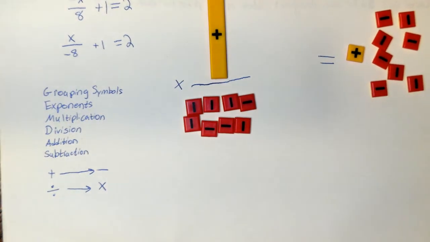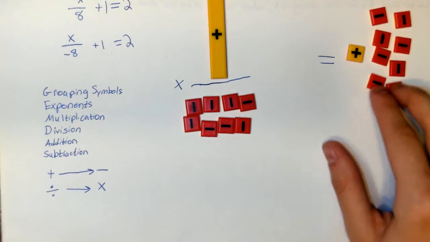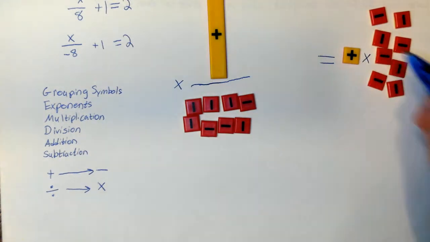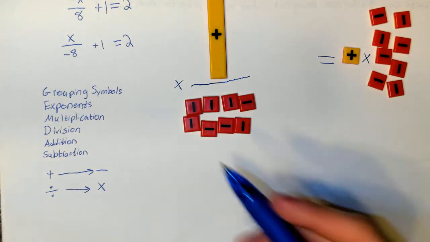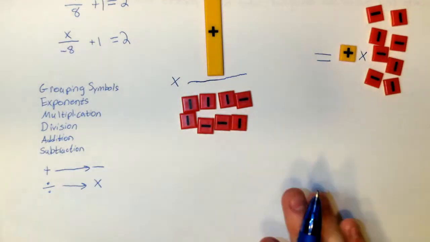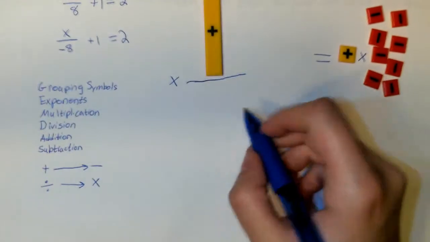So we have 2, 4, 6, 8 that we're multiplying here. Okay? So this negative 8 here, they cancel out, so these go away. And we'll rewrite it.